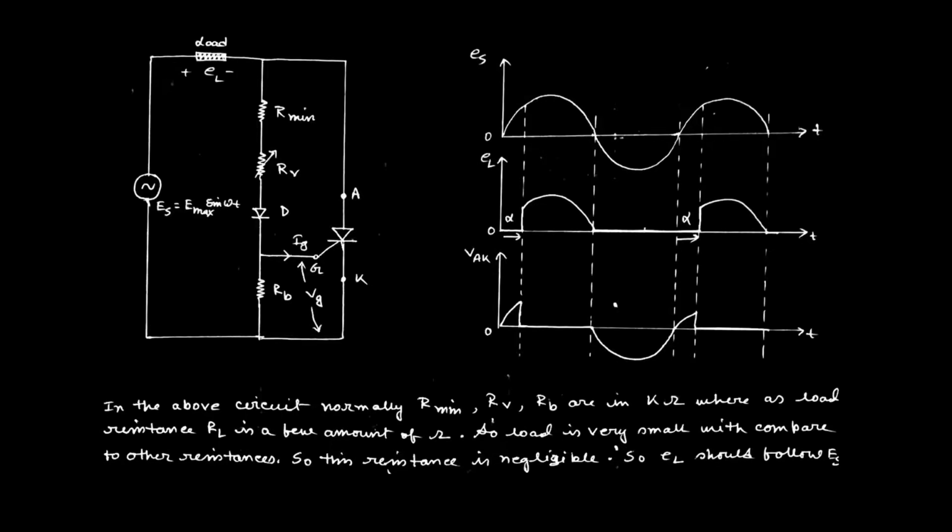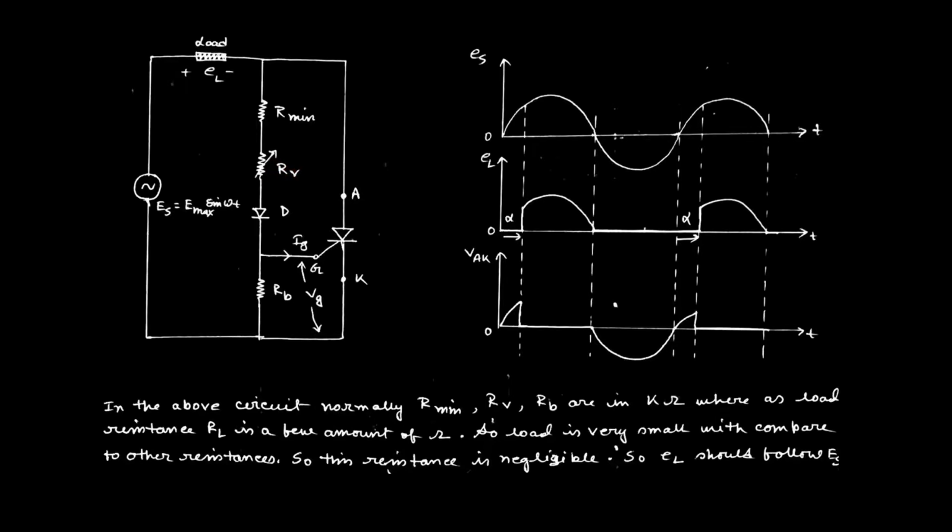In this resistive firing circuit, we normally use three resistances along with a diode: Rmin, Rv and Rb, and diode D. Why do we use these resistances? Rmin has a minimum value up to which we can permit the maximum gate current across the gate.